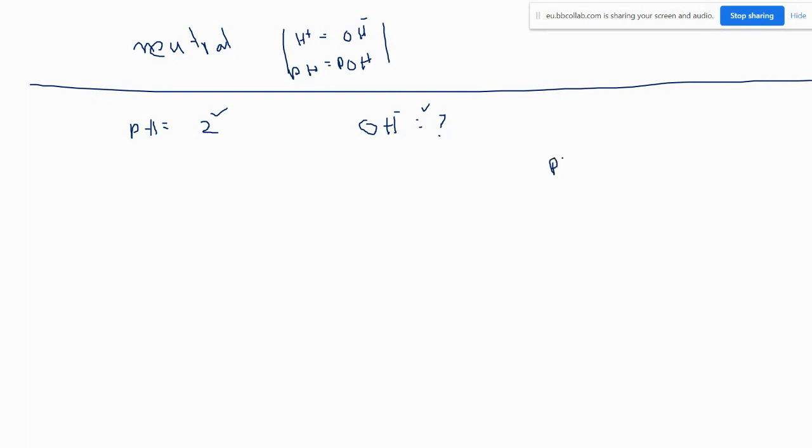We have the formula pH plus pOH is equal to 14. I have the pH, I need pOH here. First I will find pOH. So pOH will be equal to 14 minus pH, which is 2, so it will be equal to 12. That's very nice. I have found pOH, it is equal to 12.